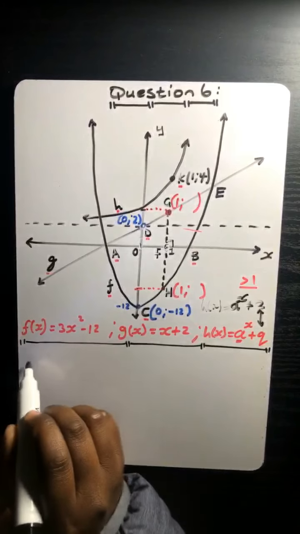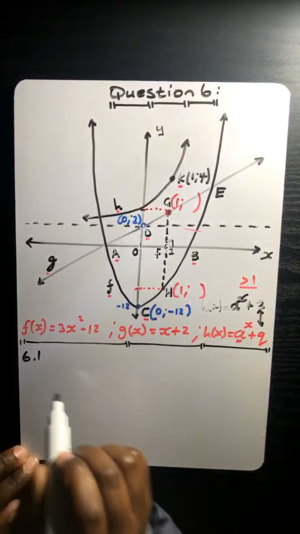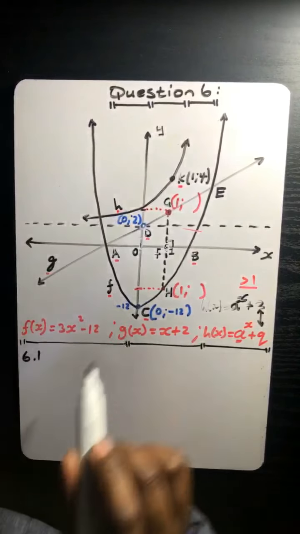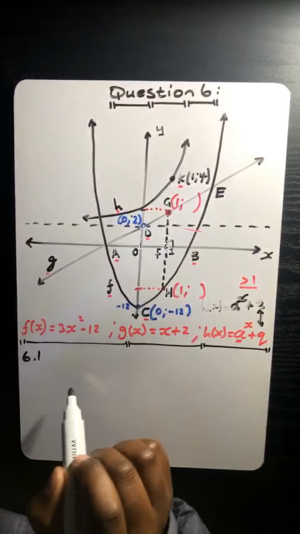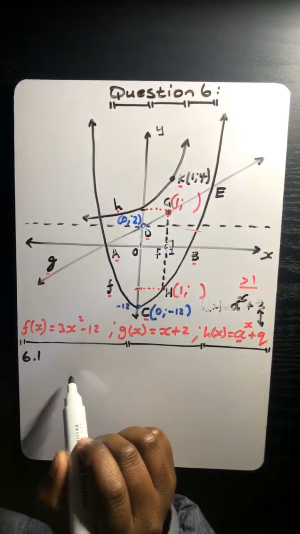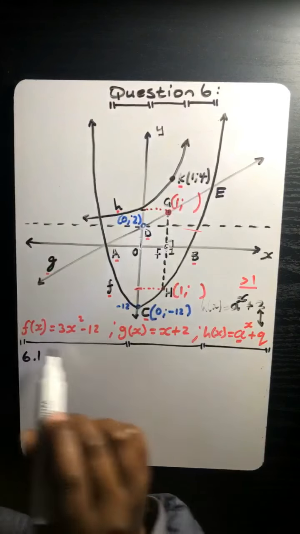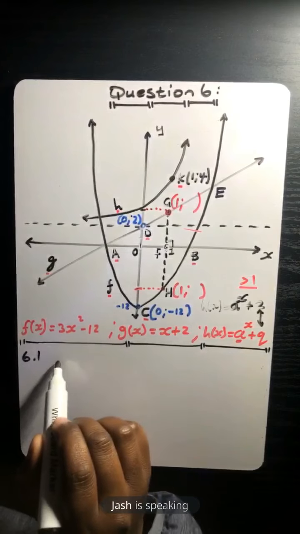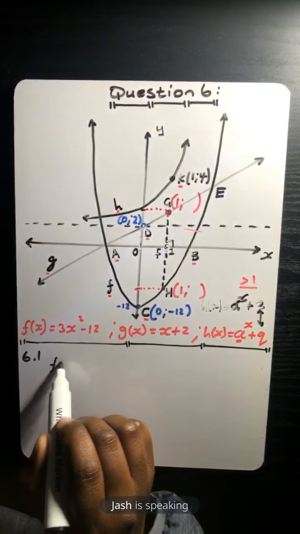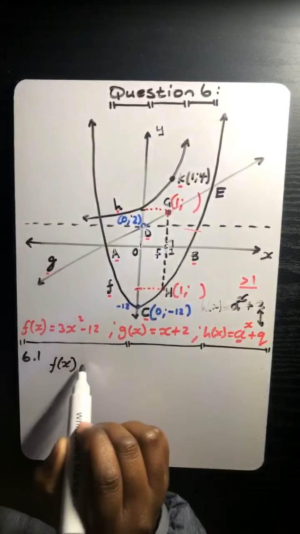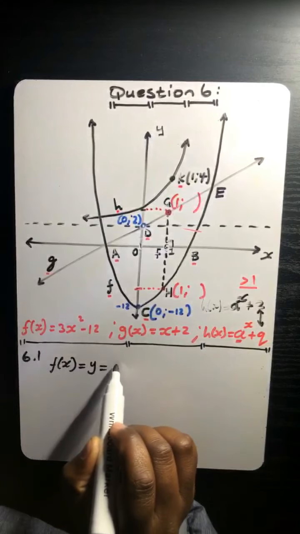Let's see. We are now on 6.1. Shreyas, what answers did you get there? So I got a +3 and a -9. For which one? So for f of x, I got a +3, and for g of x, I got a -9. For f of x, which is actually y, you got 3, no? You said 3.